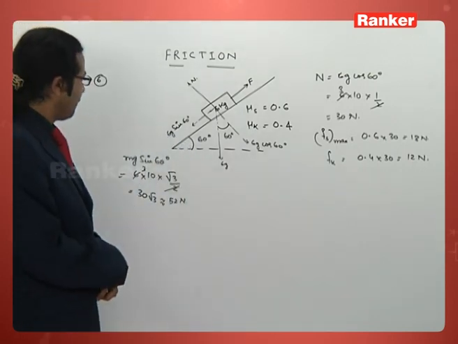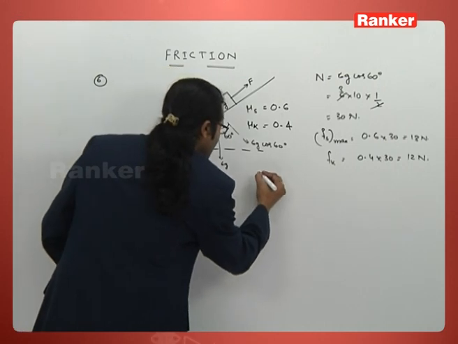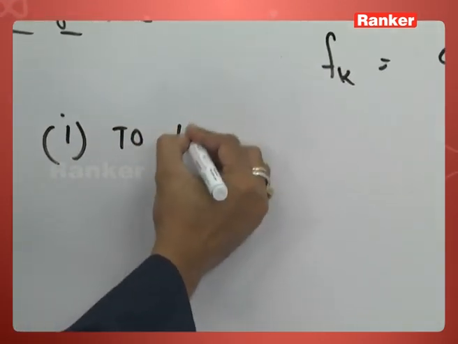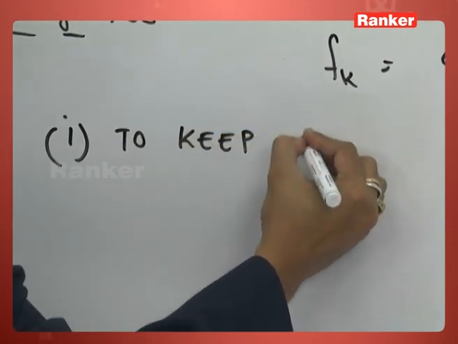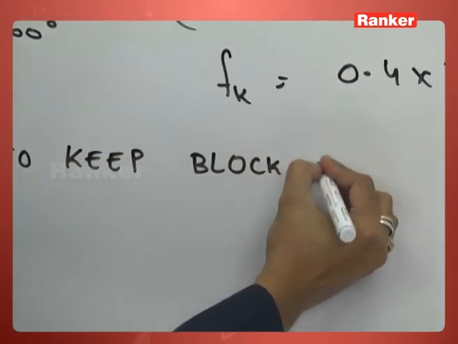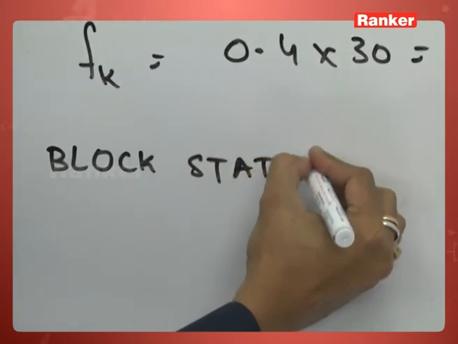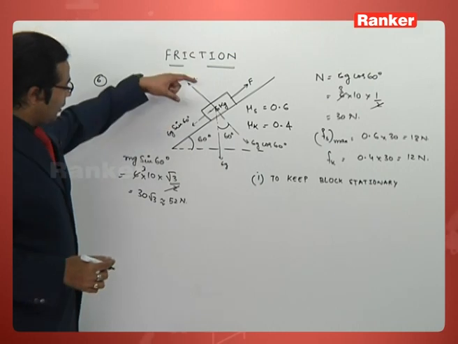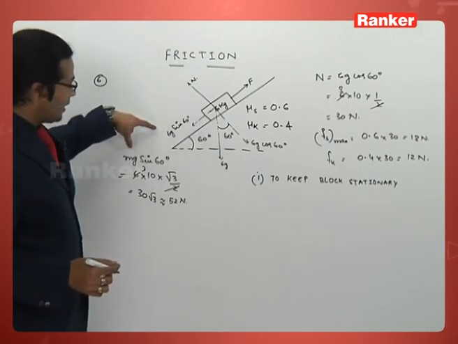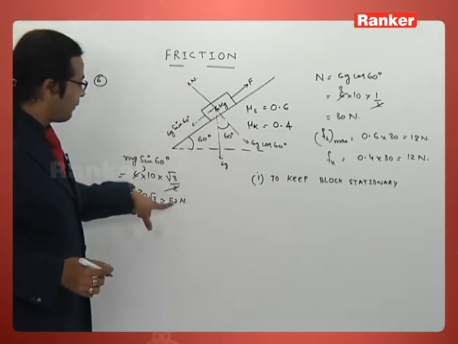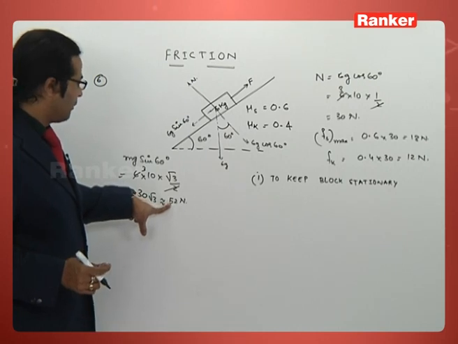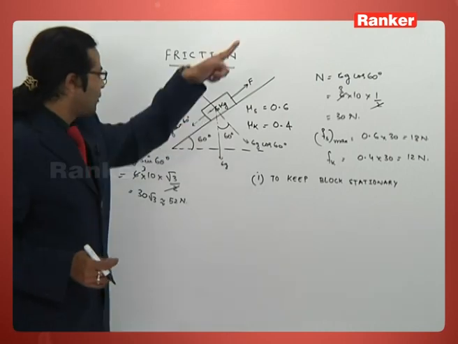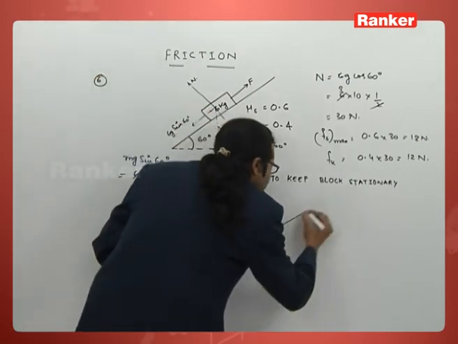Now if you look carefully, bit 1, to keep the block stationary, the downward force, which is mg sin 60, is 52 Newton. 52 Newton is greater than 18 Newton. So obviously the frictional force will be acting in the upward direction.